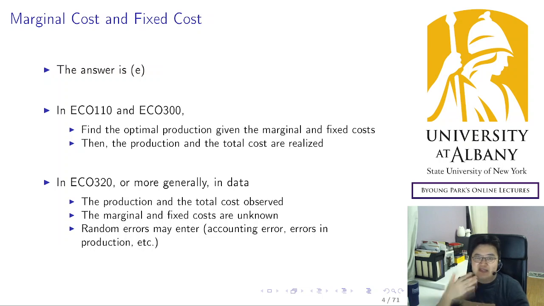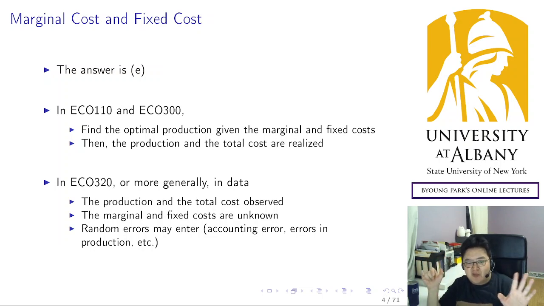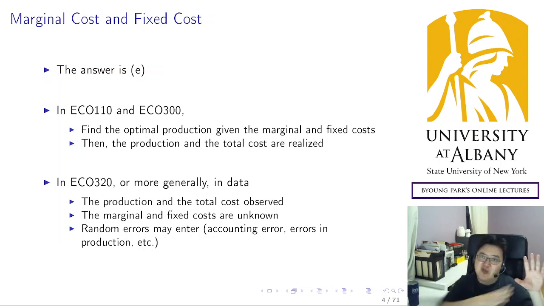But in this course, in statistics, we are going the other way. In microeconomics, given marginal cost and fixed cost, you derive the optimal production amount and realized total cost. But in reality, we are going the other way.